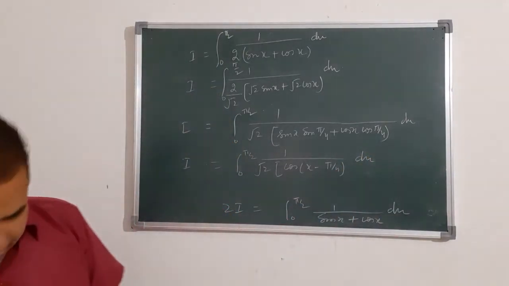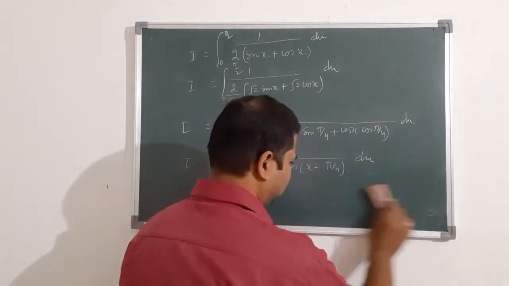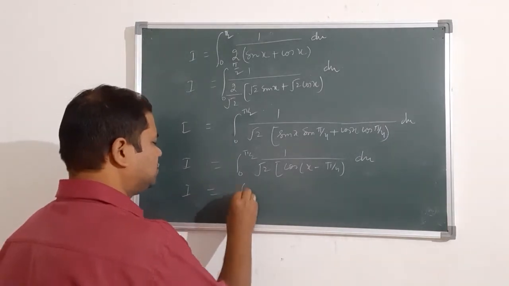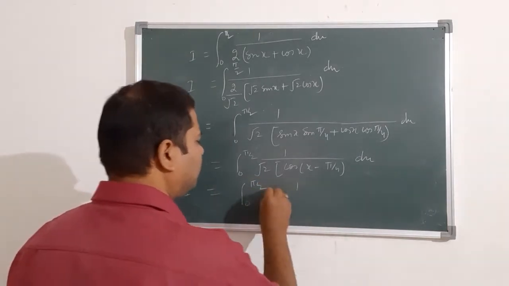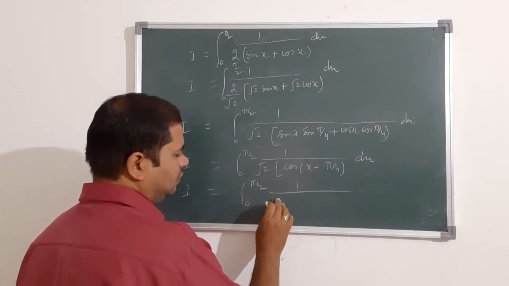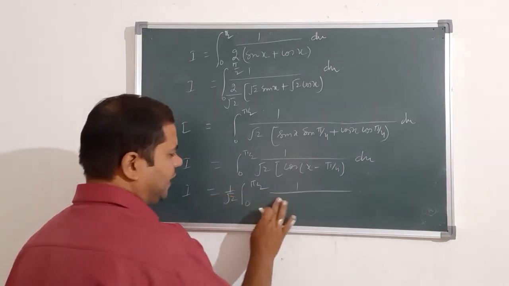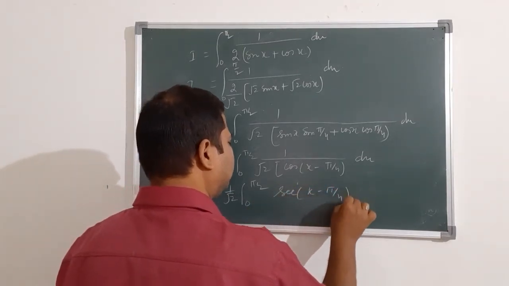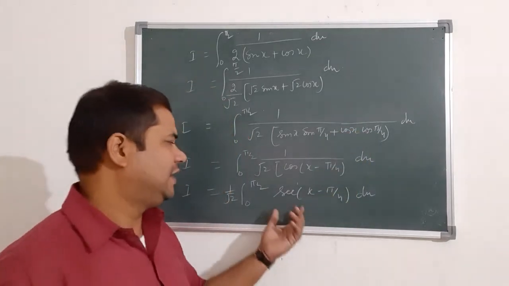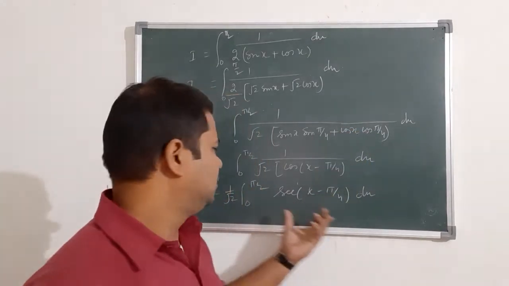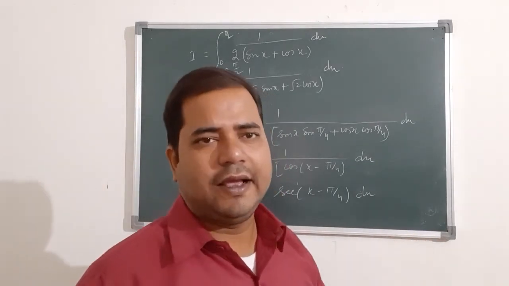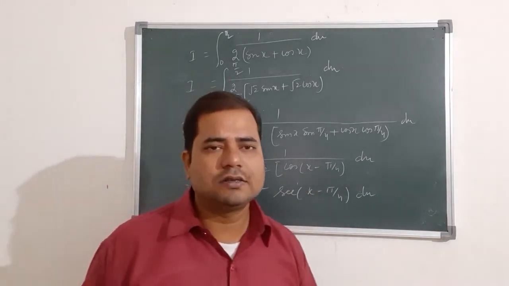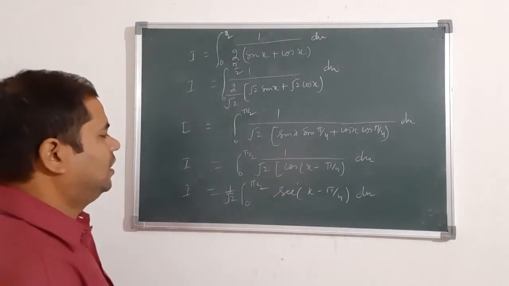And this is nothing but I is equal to integral from 0 to pi by 2, 1 upon root 2 out of the bracket, this is simply sec of x minus pi by 4 dx. And you know the integral of sec x. So you just put the value of the integral of sec x and then put all the limits, we get the answer.